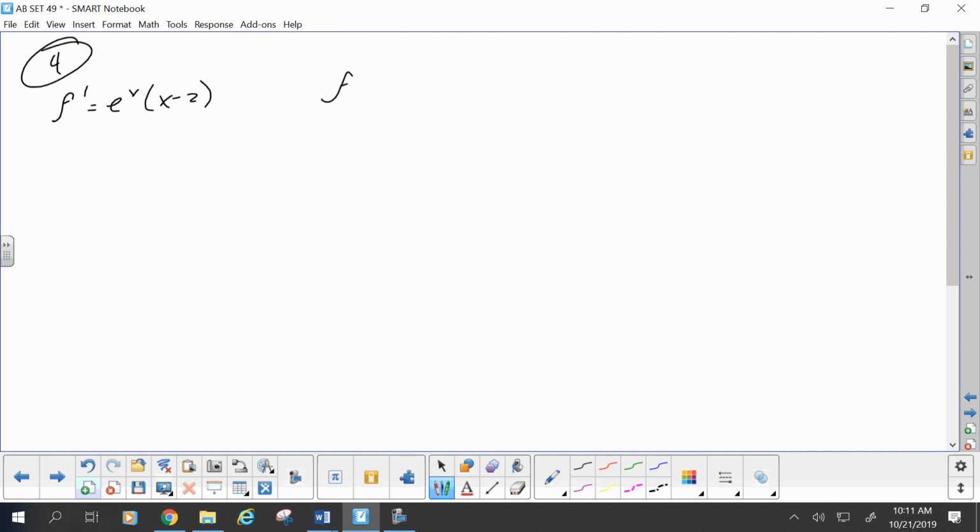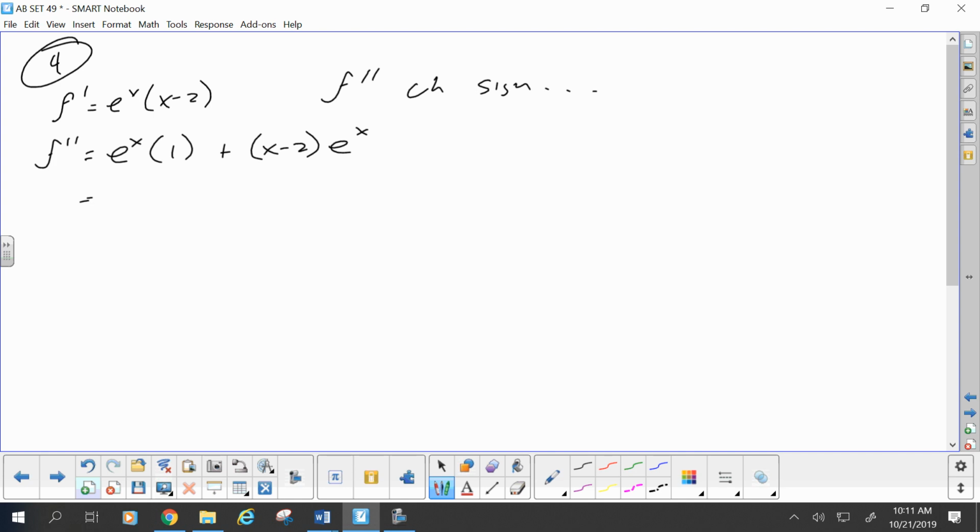F changes concavity, so I need to ask, does f double prime change sign? You are being given the first derivative, so at least you don't have to start all the way from f. You can just start there and do the second derivative by product rule. First stays the same, derivative of the second is 1, plus second stays the same, derivative of the first is e to the x.